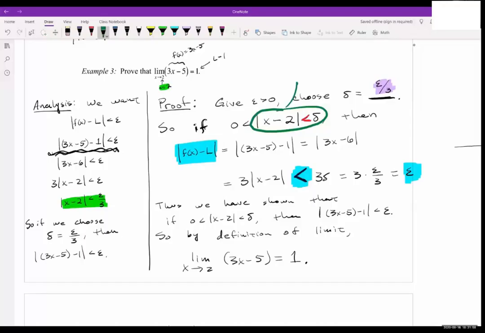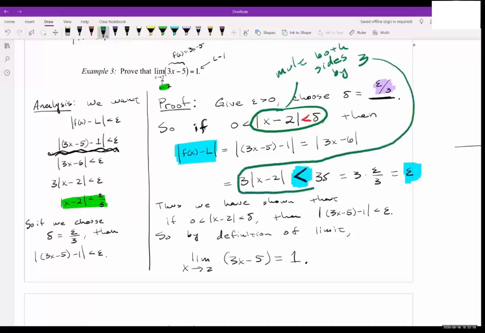So if you multiply both sides by 3, then we get that. Agreed? Yes.